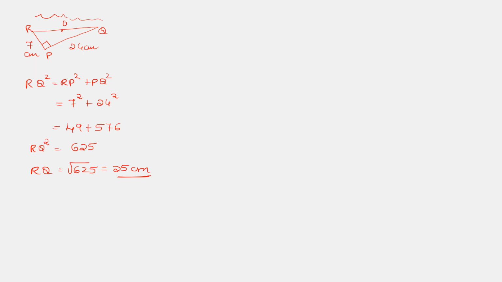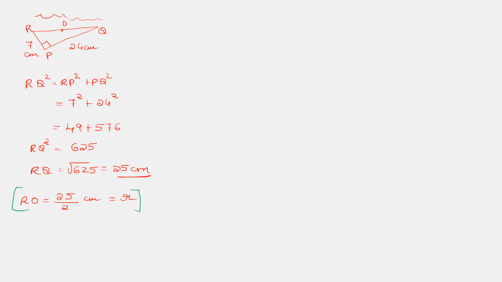It is the radius. Therefore, RO is equal to 25 by 2 centimeters. Okay. So now we have the value of r here. Using this r, we can find the area of the semicircle.